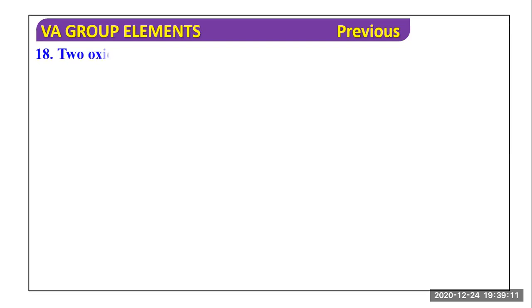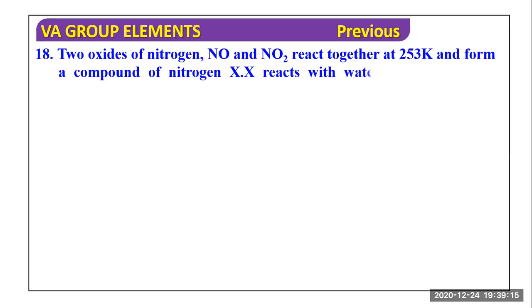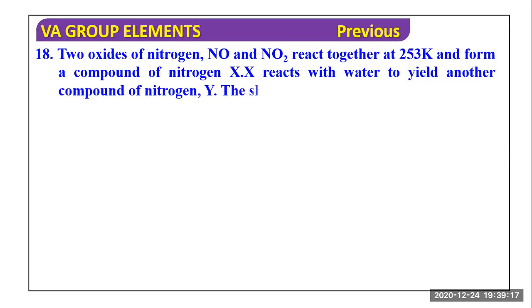Two oxides of nitrogen, NO and NO2, react together at 253 Kelvin and form a compound of nitrogen X. X reacts with water to yield another compound of nitrogen Y. The shape of the anion of nitrogen Y molecule is, what was that?